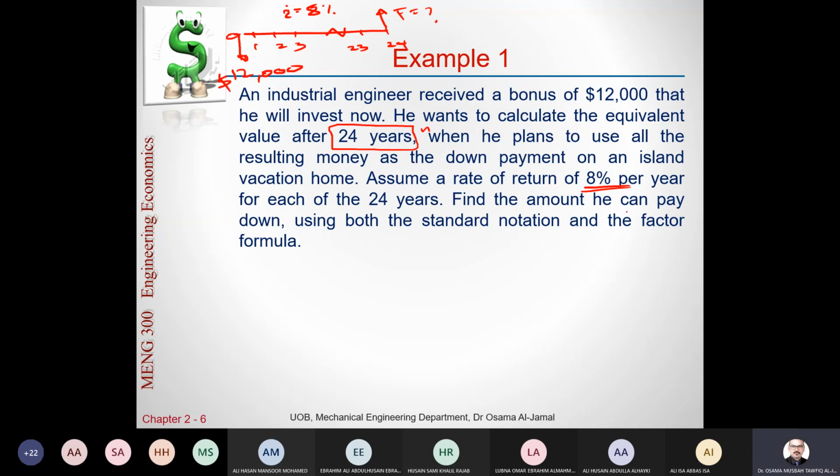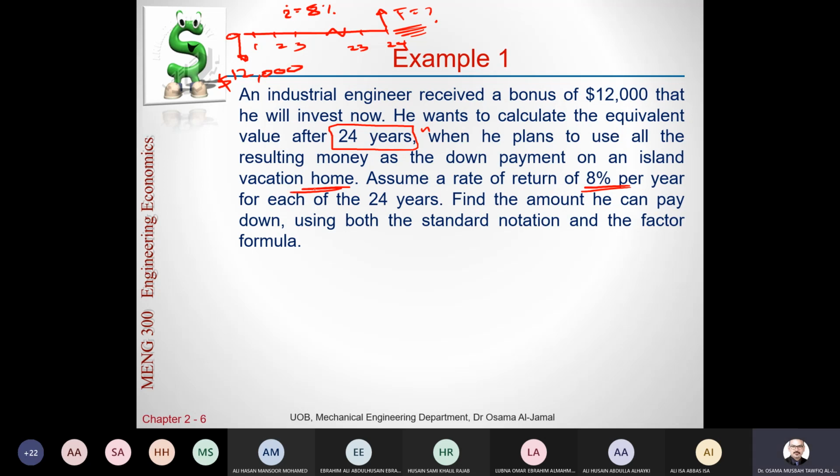Let me read it again here just to know why he wants to invest that money. He plans to use all the resulting money in year 24 as a down payment on an island vacation home.